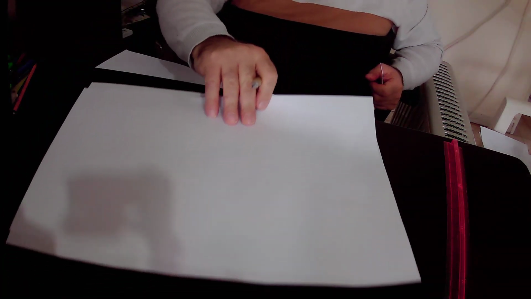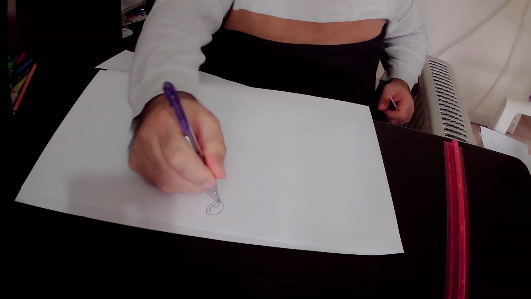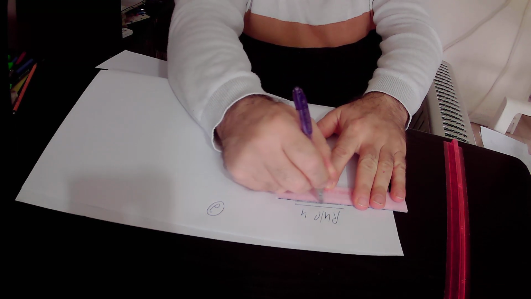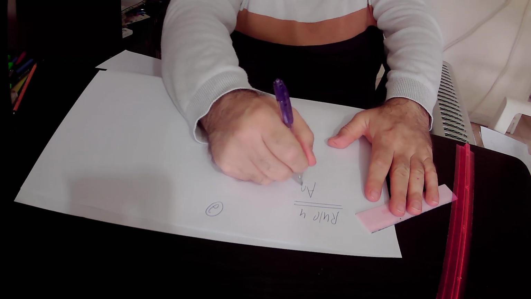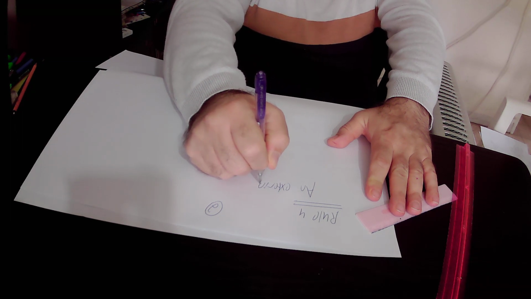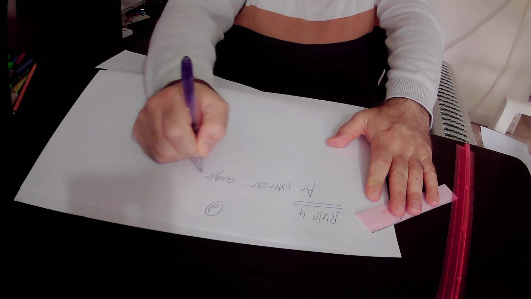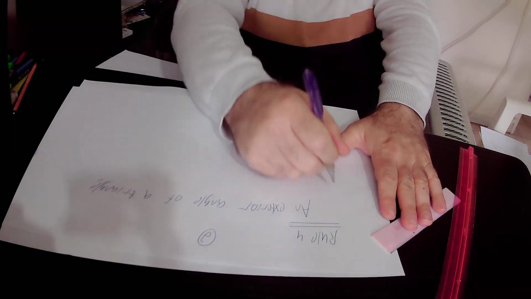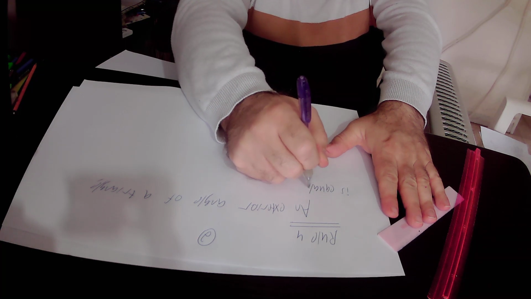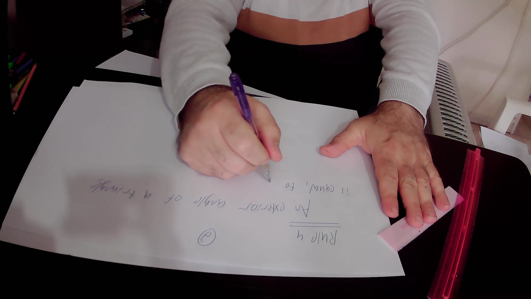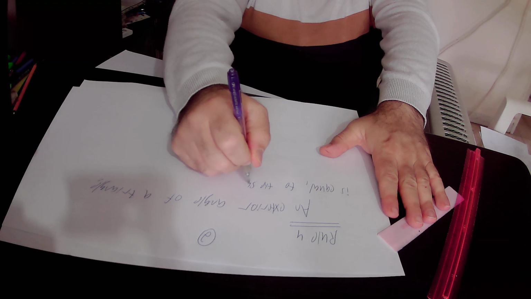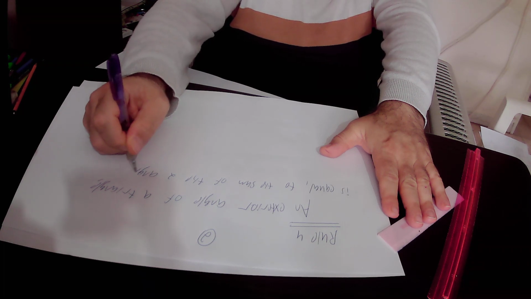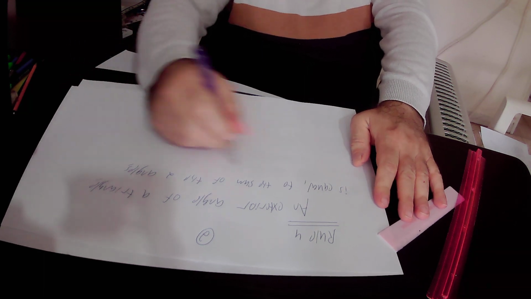According to rule number 4, an exterior angle of a triangle is equal to the sum of the two angles that are not adjacent to it.